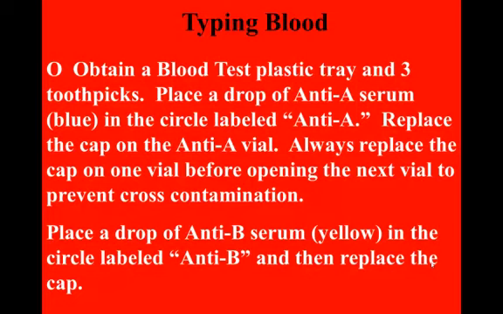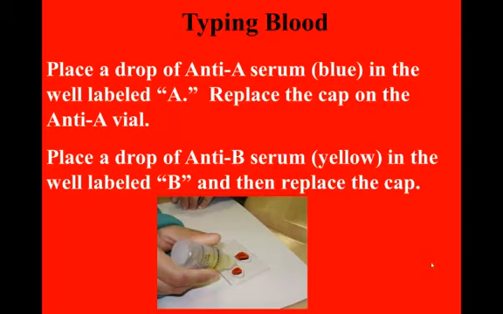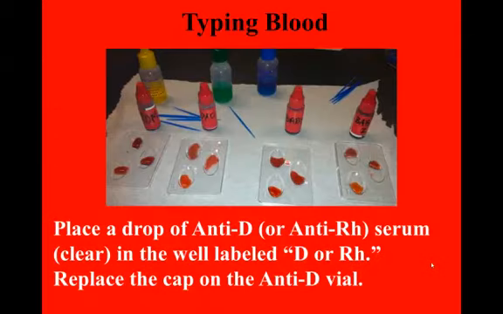And let's say when I add the RH, which is also called anti-D, and it doesn't clump, that means the presence of the RH is not there. So that would be negative. So what would that person have if A was a positive test, B was a positive test, and the RH was not? You have type AB negative blood, the rarest blood.